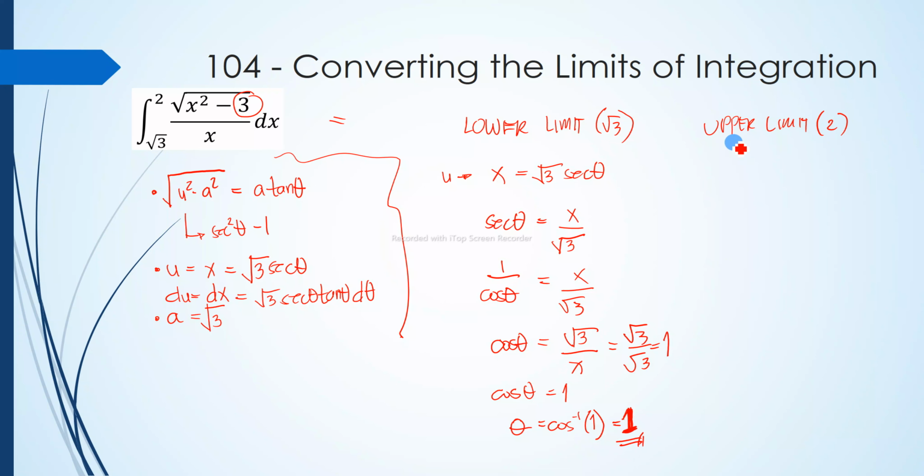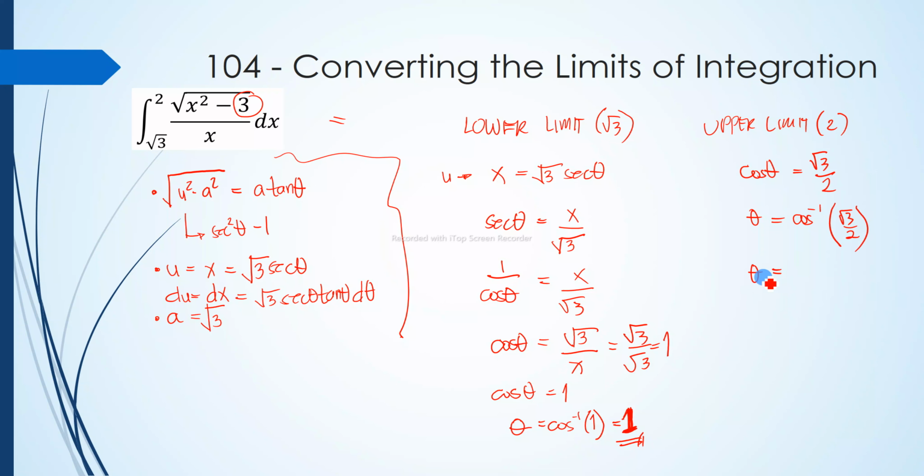How about the upper limit? So again, same thing, we have the cosine theta is equal to square root of 3 over 2. And then we have our theta is equal to cosine inverse of square root of 3 over 2.